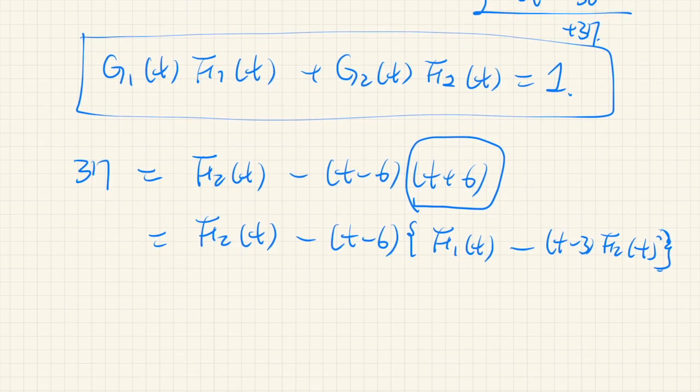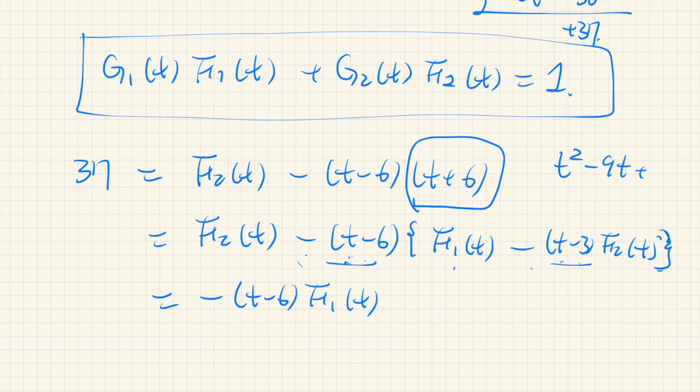Okay, so let's expand this: this times this, minus (t minus 6) f1, and this times this, so negative sign, and (t minus 6)(t minus 3) is t squared minus 9t plus 18, plus 1 from here.